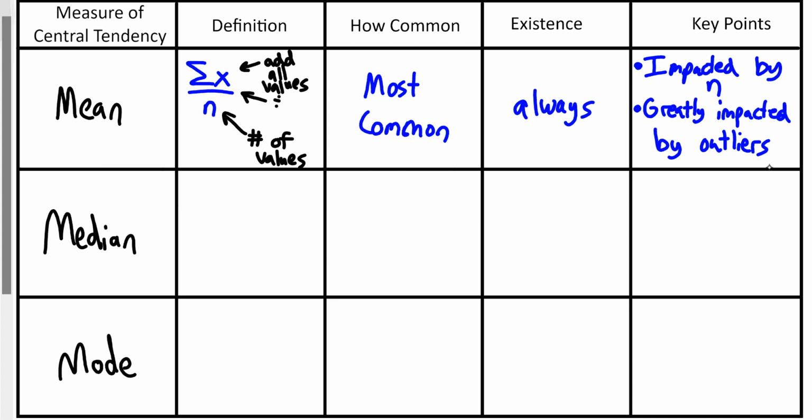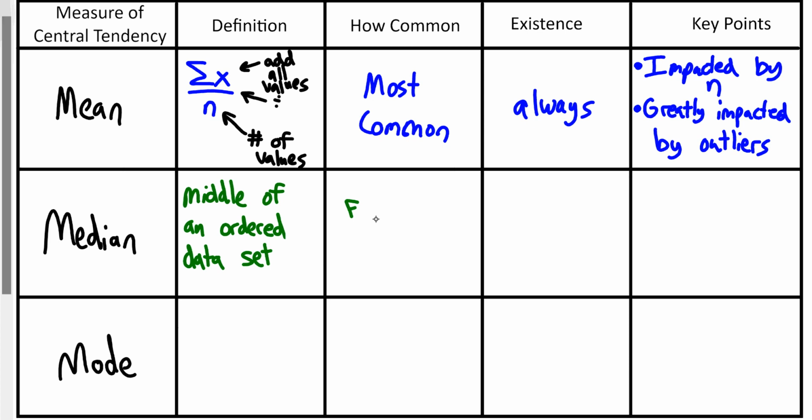All right, median. Median is probably the next most common measure of center. It is the middle. We've done this one before, but it is the middle of an ordered data set. As long as it's ordered from least to greatest, you can find the middle, and that's what the median will be.